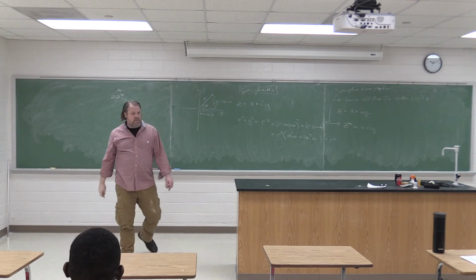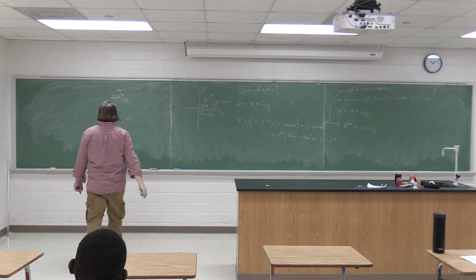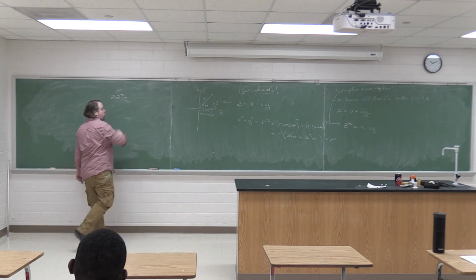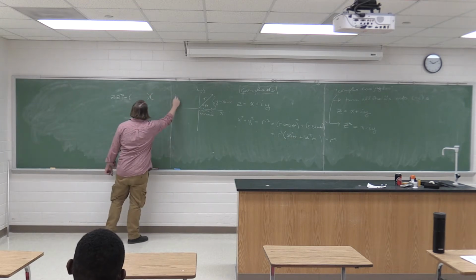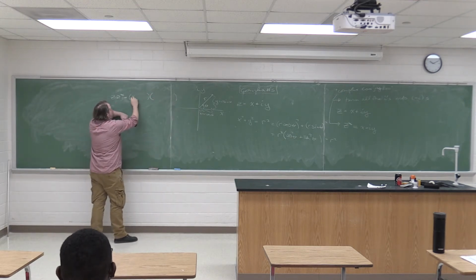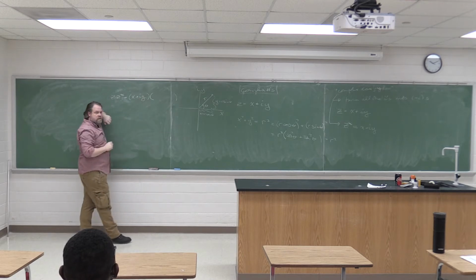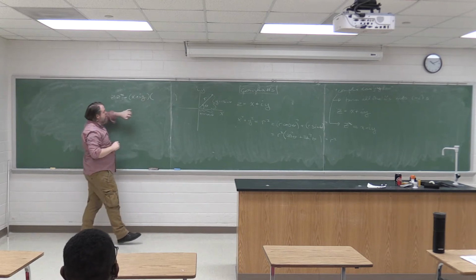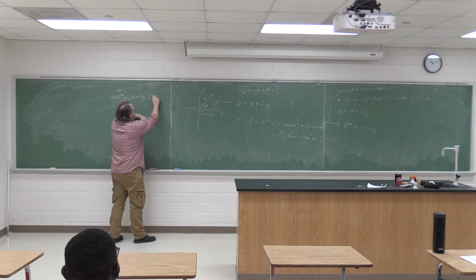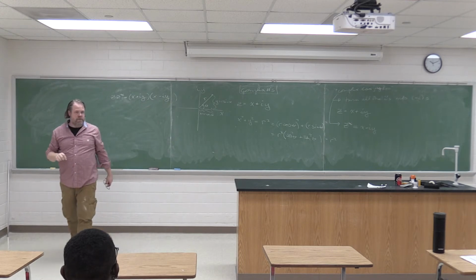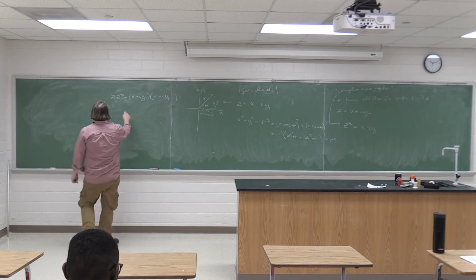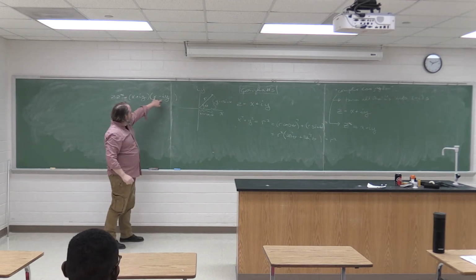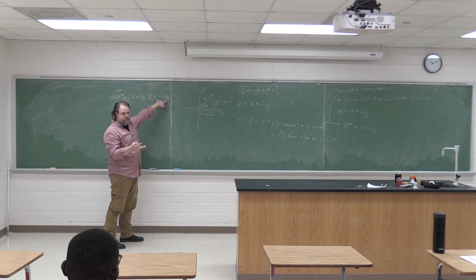But the point is this. z z star is equal to, well, let's multiply it out. What is z? x plus iy in general. And then what is z star? x minus iy. Now let's just expand this thing out. Just follow our noses. We've got two terms in each expression, so altogether we should have 4 terms, right?